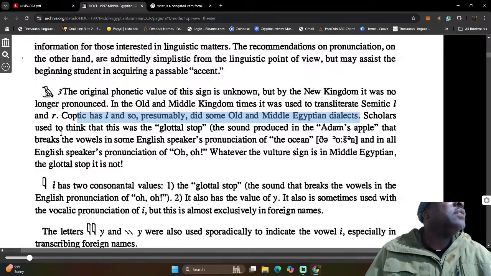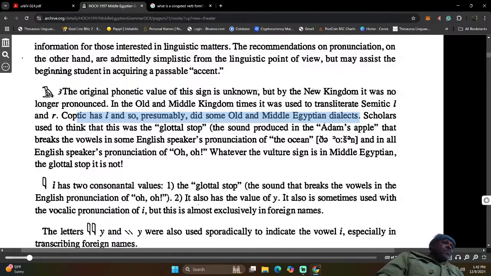Scholars used to think that this was the glottal stop sound, the sound produced by the Adam's apple, that breaks the vowels in some English speakers' pronunciation of the ocean. The sound that I make that breaks the vowels between the E and the O in the ocean is what they say this sounded like.